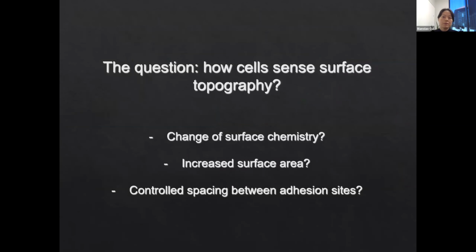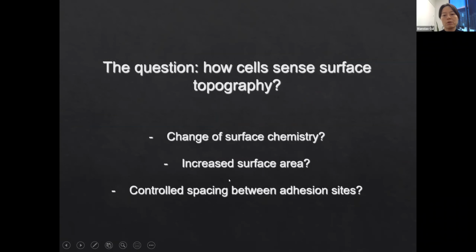Again, that gives rise to the question that we are really interested in: how cells sense surface topography. It has been 20 to 30 years of research. In the beginning, people believed that roughening the surface was actually changing surface chemistry, the surface energy or the functional groups on the surface. Later, the hypothesis was increased surface area.